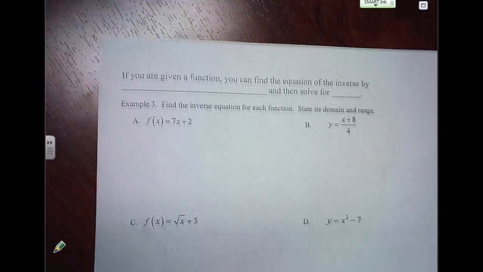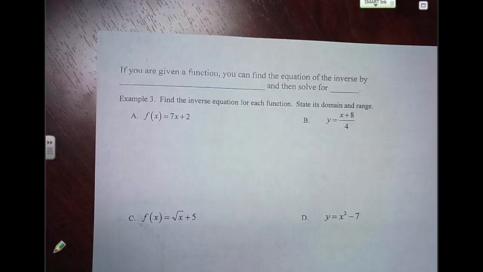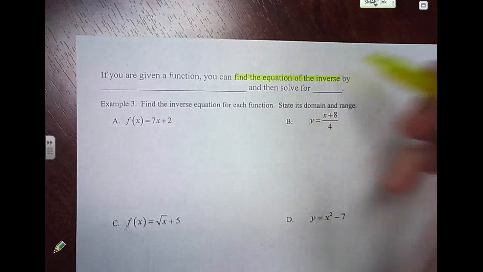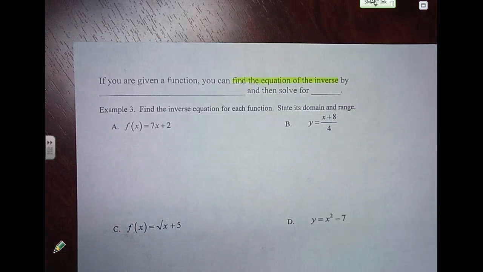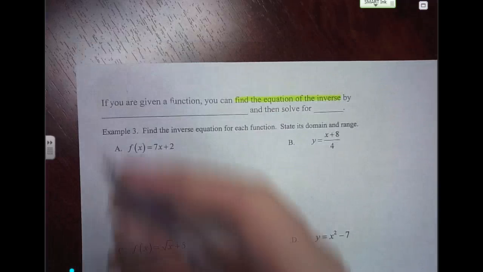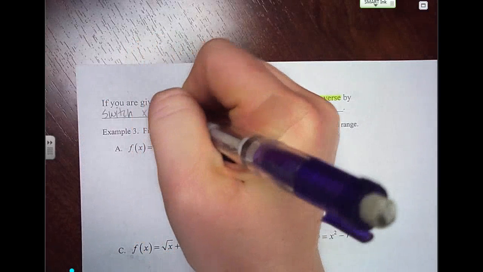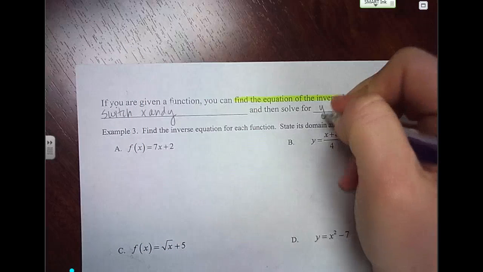So if you're given a function, you can find the equation of the inverse. So this is important, how you find the equation of the inverse. Let me highlight that. Okay, we're going to switch x and y and then solve for y.